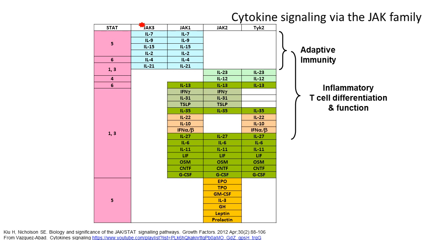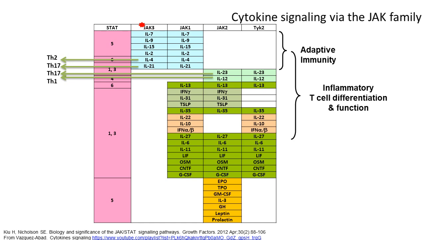Outside the adaptive immune system, there are many different cytokines that have to do with cell differentiation and cell function, and they're not necessarily restricted to the white blood cell lineage. So, just as an example, interleukin 4, for instance, which is one of the JAK3 dependent cytokine signaling pathways, IL-4 is the cytokine that triggers T cell differentiation into a Th2 phenotype.